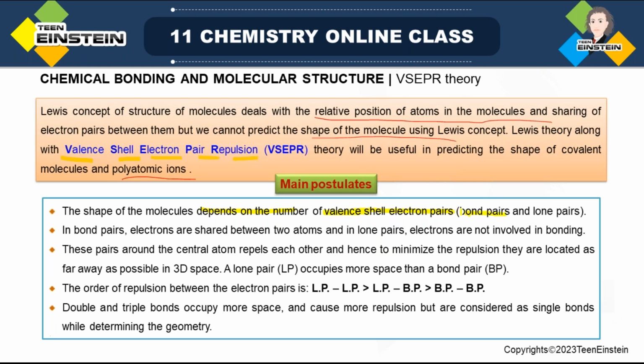When they are part of a bond, you can call these electrons bond pairs. When they are not part of a bond, they are non-bonding electrons or lone pairs. When it is a bond pair, electrons are shared between two atoms, as I have just shown between A and B. But lone pairs are not involved in bonding. So you can also call them non-bonding.